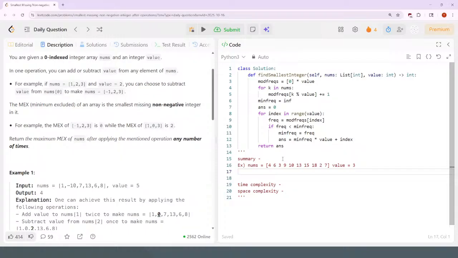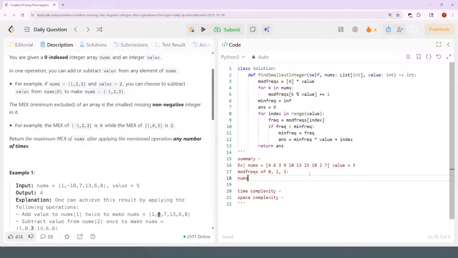So in terms of mod frequencies of 0, 1, 2, which is what this array is capturing, 4 would be considered 1.